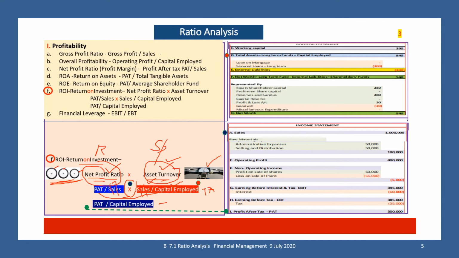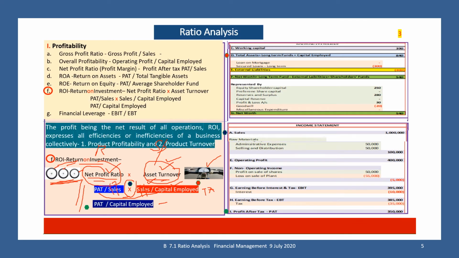Illustrations invariably give this particular ratio because it is a combination of two ratios. We need to be very clear as to how we are building this: sales and capital employed, the profit being the net result of all operations.